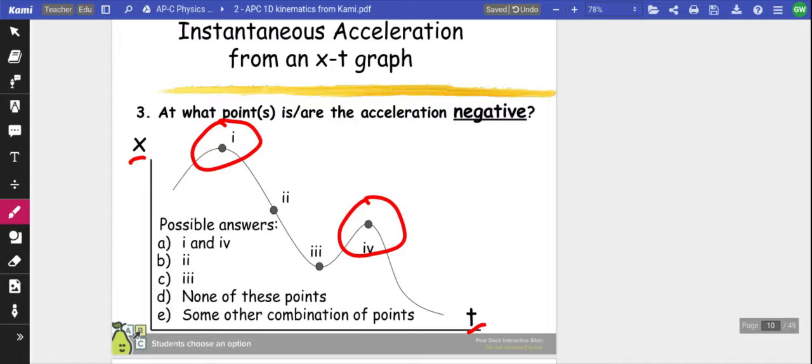At point 1, we started with a positive velocity, a positive slope, and just after the point, we have a negative velocity, a negative slope. So that change in velocity is negative, and we have a negative acceleration. Same for 4. It started off with a positive velocity and ended with a negative velocity. That change in velocity, the change in slope, is negative, so it's a negative acceleration.